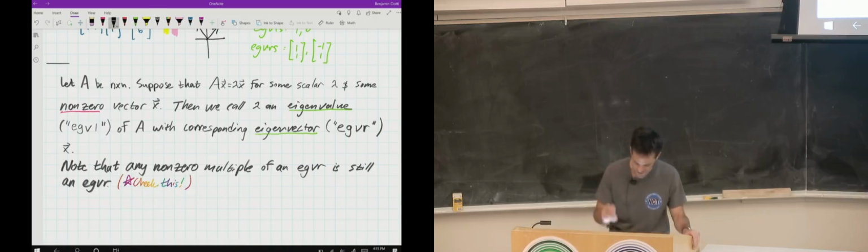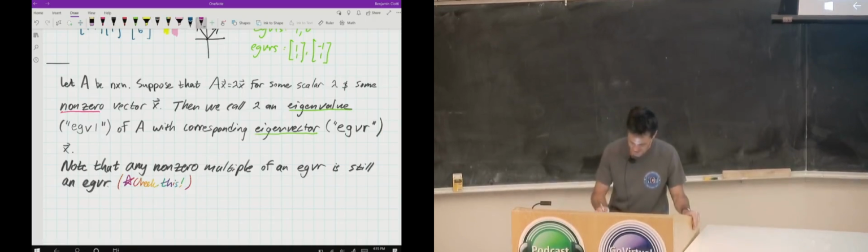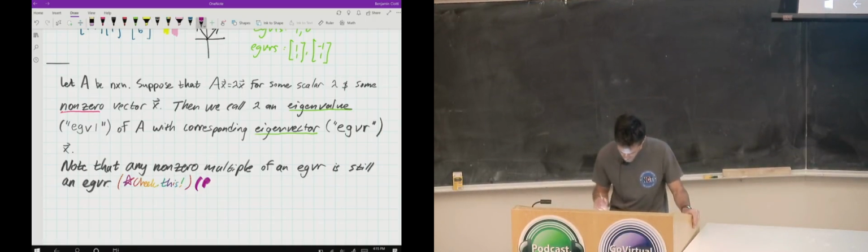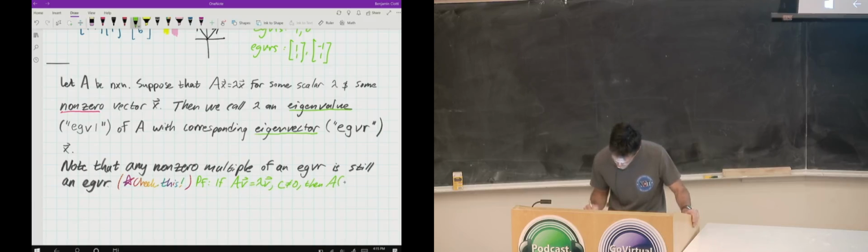Okay, here, I'll prove it. So here's what I was asking you to prove. Here's a little proof of that fact. Suppose that v is an eigenvector with eigenvalue lambda, so A times v equals lambda times v, and that c is some non-zero number. Then what happens if you do A applied to cv?